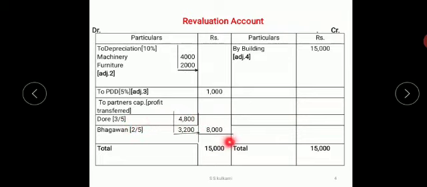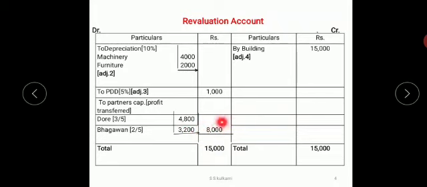On the debit side, 6,000 of depreciation and 1,000 of provision for doubtful debts give a total of 7,000. So 15,000 minus 7,000 gives a difference of 8,000.